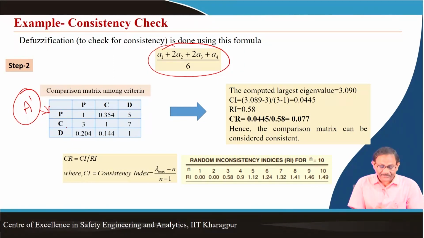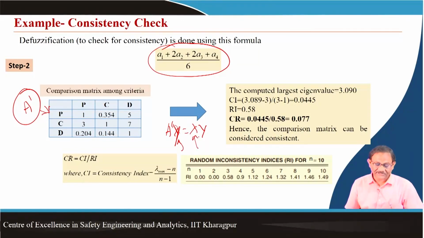Now here, using A dash lambda equal to A dash y equal to lambda y, where y is the eigenvector for this matrix and lambda is the eigenvalue. This is the characteristic equation. Using this relation, matrix algebra, you will find this, and we go for eigenvalue eigenvector decomposition.